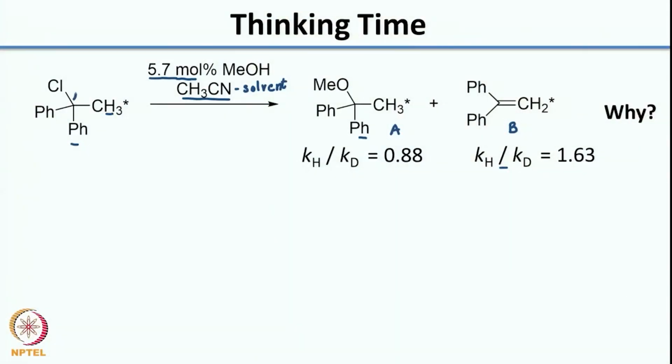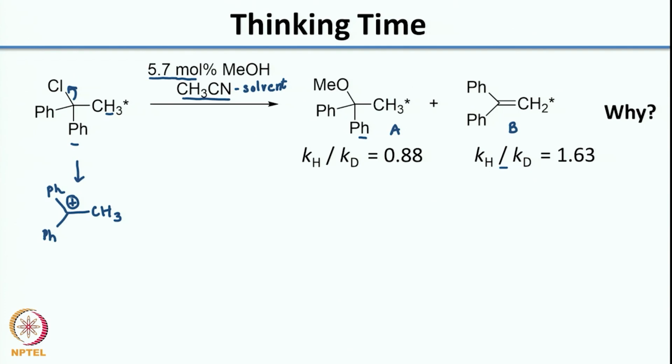So, you can now see if you have worked out the problem correctly. So, let us first start with the mechanism. The first step in the mechanism would be formation of the carbocation. So, you form the carbocation, so this is the carbocation.